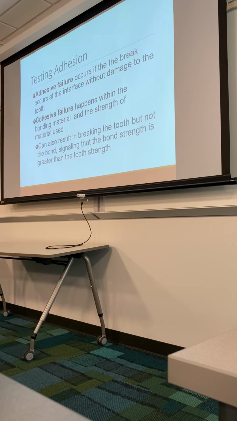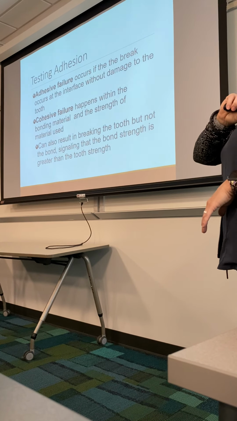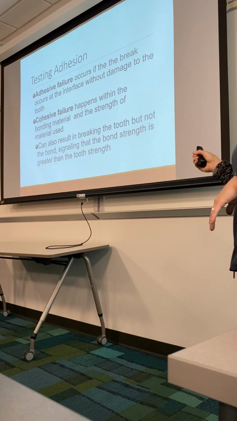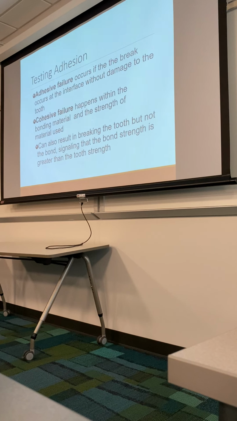Adhesive failure, just one. But cohesive can also result in the breaking of the tooth, and that's where we get into that bond strength. What we talked about last week, tensile, stress, those things. So if you have an adhesive that's not strong enough to be in the posterior, you're going to have failure. Make sense? Okay. I know, it's a lot.